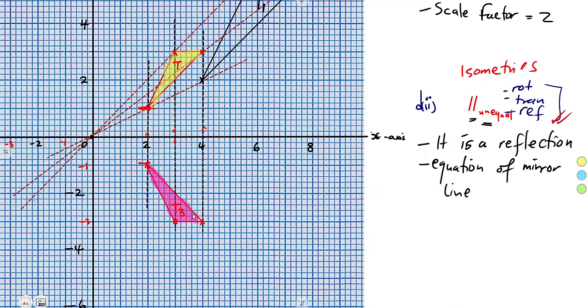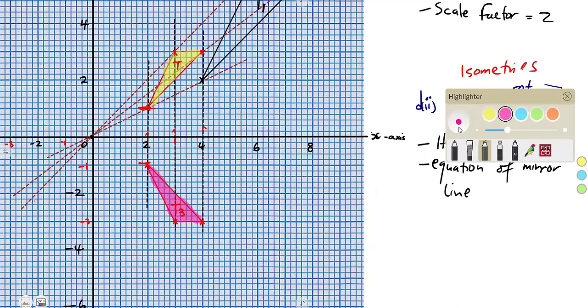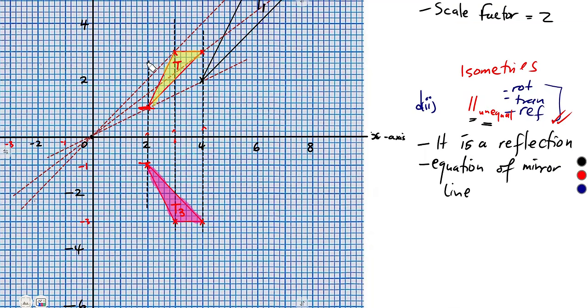So we can see, guys, that the mirror line in this case, from these parallel lines that we've been joining, is in between, just half of that, which is in the x-axis. We've got equal distance from 2 to here, from 2 to here.